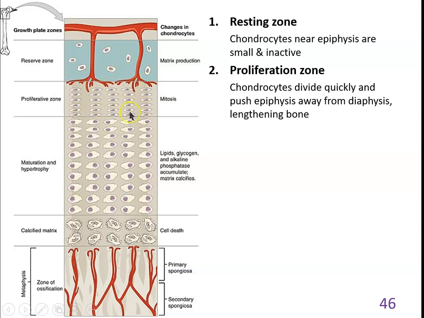So these are the cells that have gotten that signal. These cells have not yet gotten the signal. So these are just the hyaline cartilage. These have been told it's time to become bone. But first, move the epiphyseal plate. So as these proliferate, they push in both directions, and that pushes the cartilage and the epiphysis away from the diaphysis and makes the bone longer.